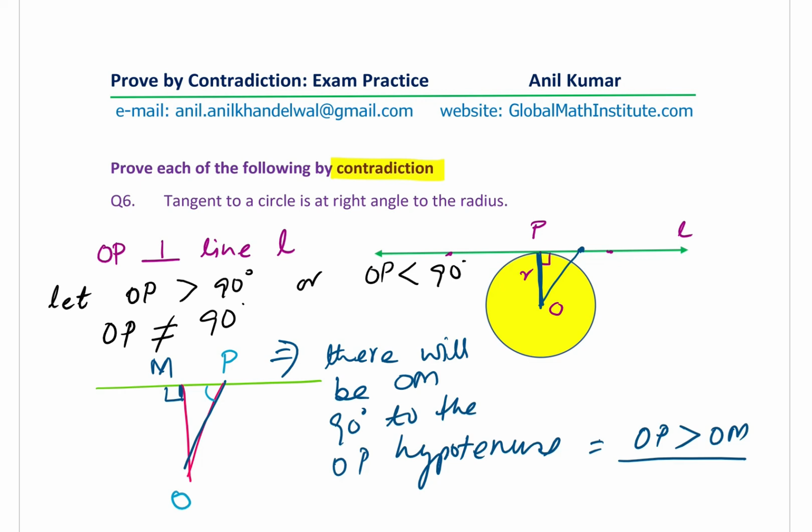This is actually the shortest distance. And if it is not 90 degrees, it cannot be the shortest distance. You get the idea. And therefore, from contradiction, we can say that tangent should be at right angles to the radius.